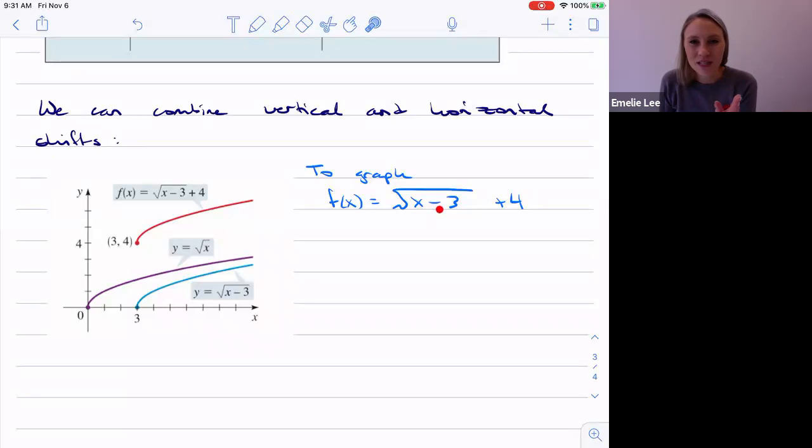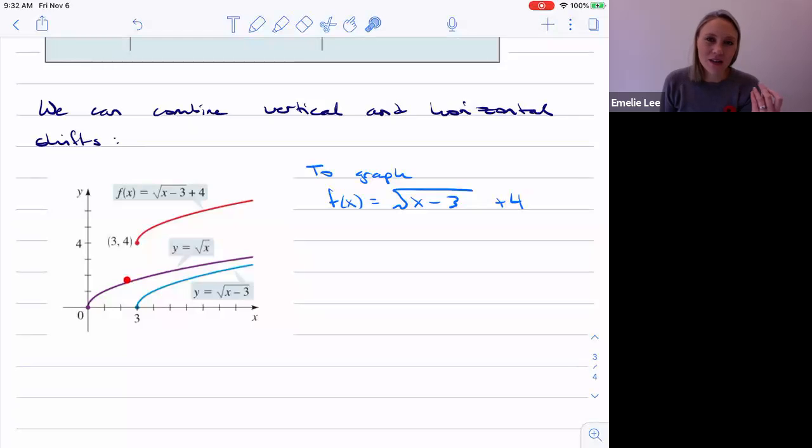X minus 3 is a horizontal shift to the right 3 units. And so what you do is you take this graph and you shift it over to the right by 3 units. What's the easiest way to do this is to pick maybe 2 or 3 points, not just one.